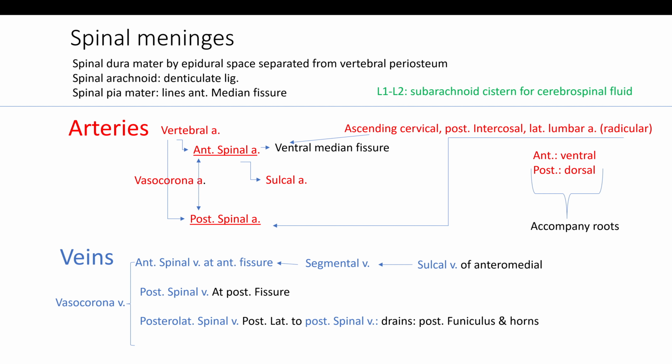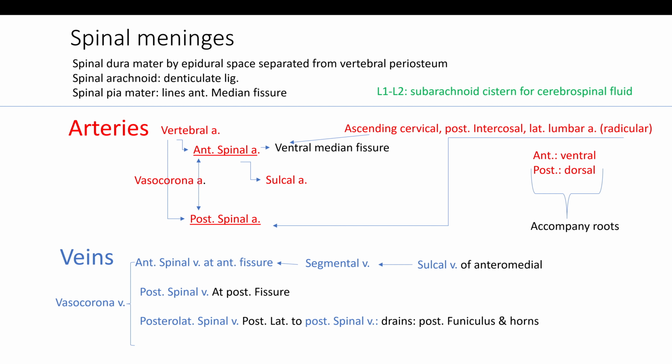The L1, L2 region is the subarachnoid cistern or lumbar cistern, a favorable place for cerebrospinal fluid puncture. There's also the blood supply.